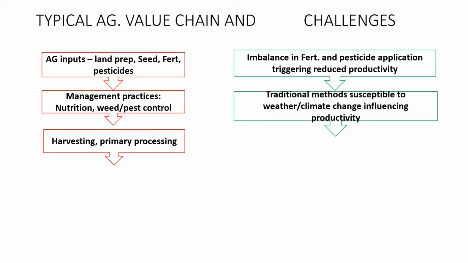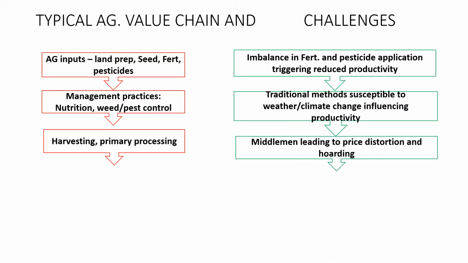The third node of interest to us is the harvesting or primary processing. And here, the associated challenge is the middleman, and this would lead to price distortion and hoarding.